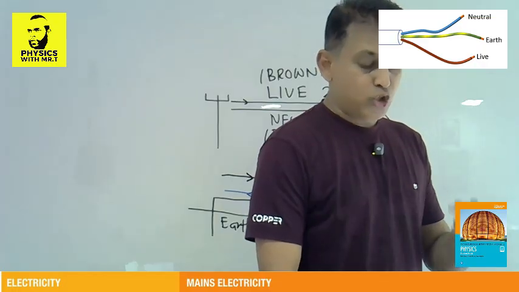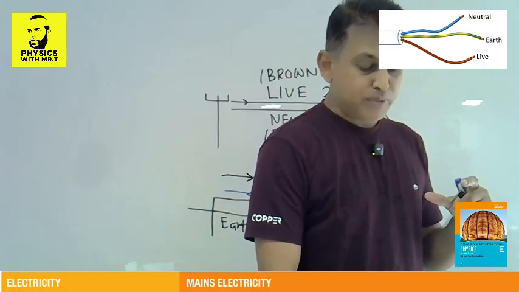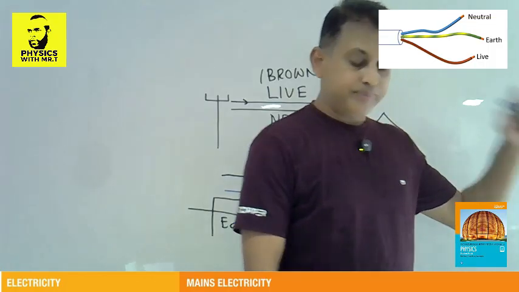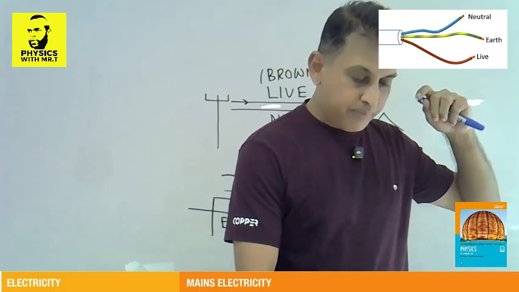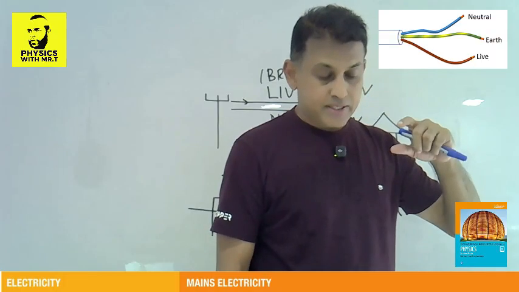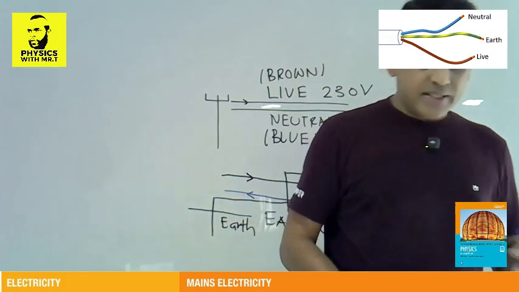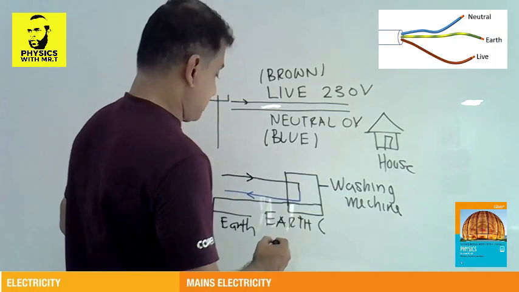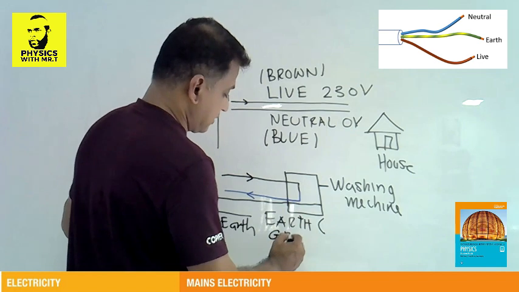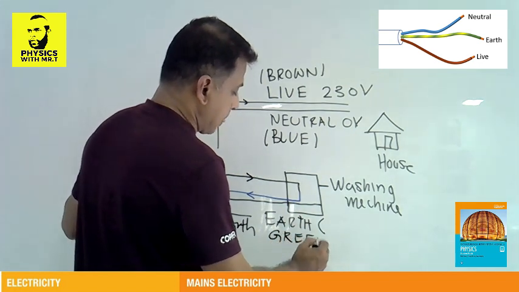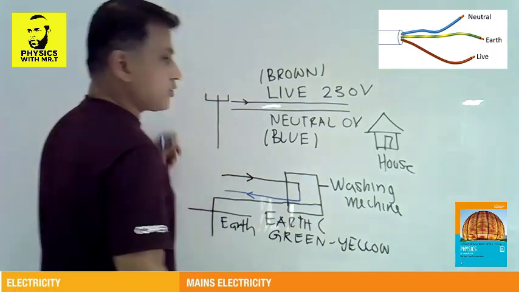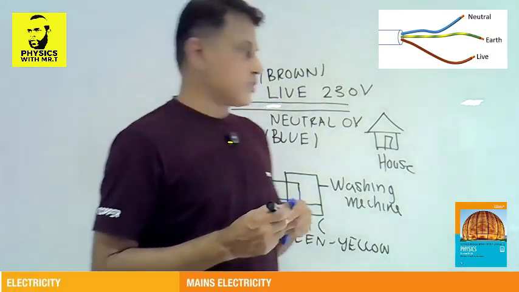This is connected to the metal cover of the washing machine, and that goes to the copper rod which is buried in the garden, right? The live is brown, the neutral is blue, and the earth is green and yellow stripes.